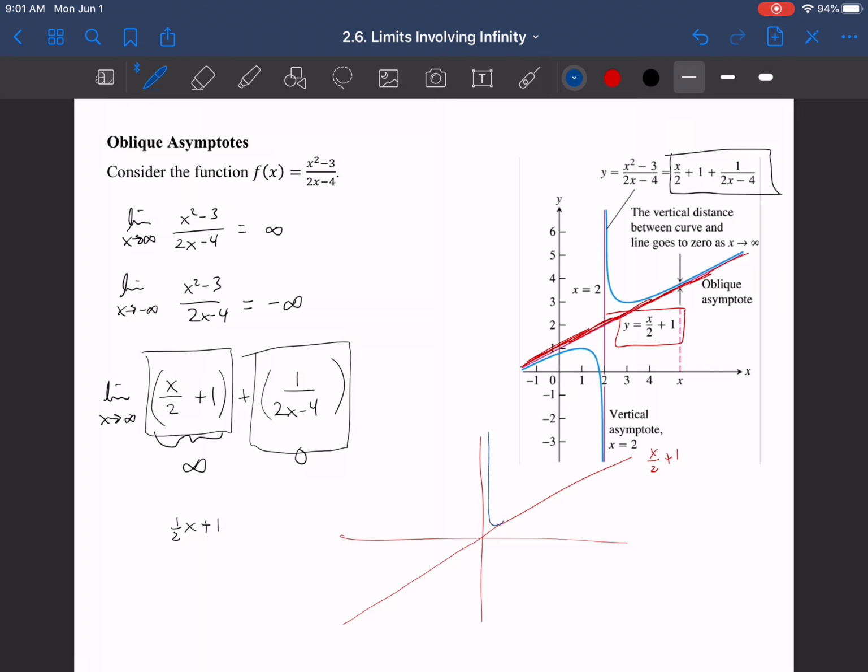And then it's just going to curve up and go right along this other line and follow it. And then from down below, it's going to come straight on up here like that. And then it's just going to curve over. And so really, if you zoom way out, only right here does it look different. Everywhere else, it's going to look like x over 2 plus 1.